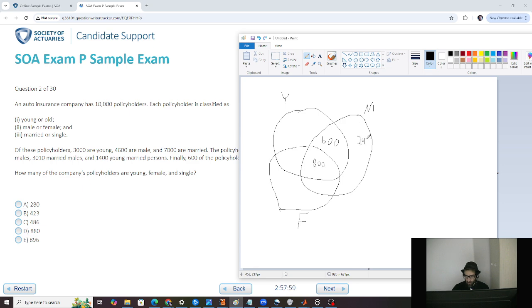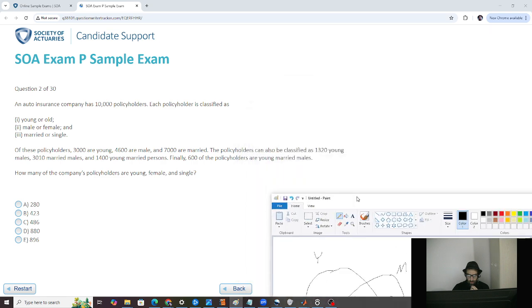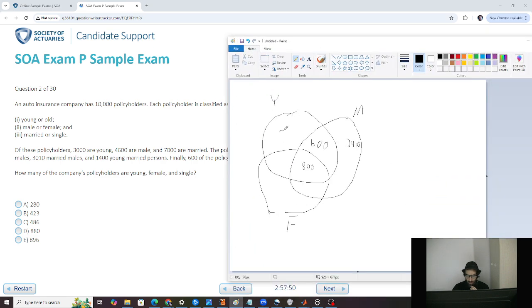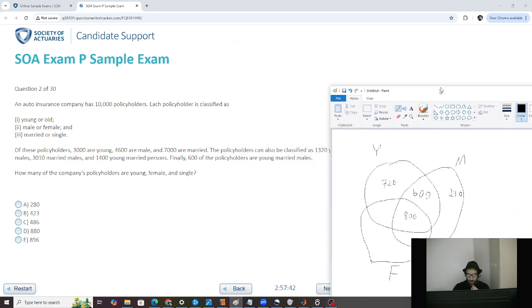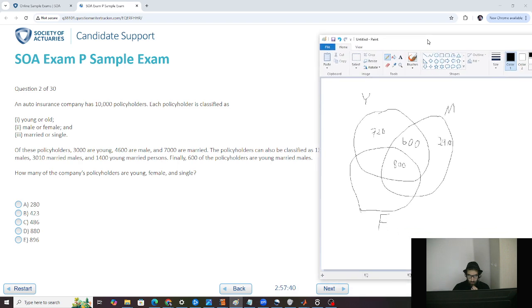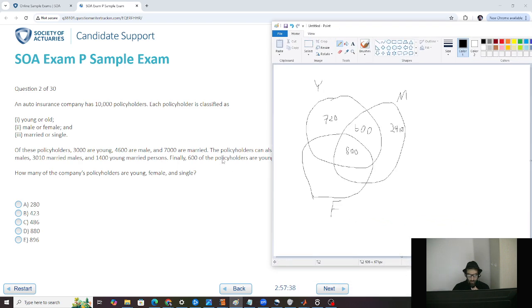This is the 2410. Outside of this, inside of this, they said 1320. Yeah, so 720 here. Okay, it said 3,000 are young. Okay, 14, 2120. That leaves 880.